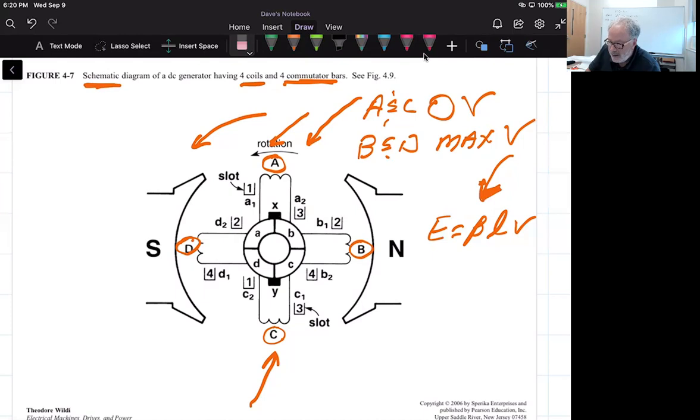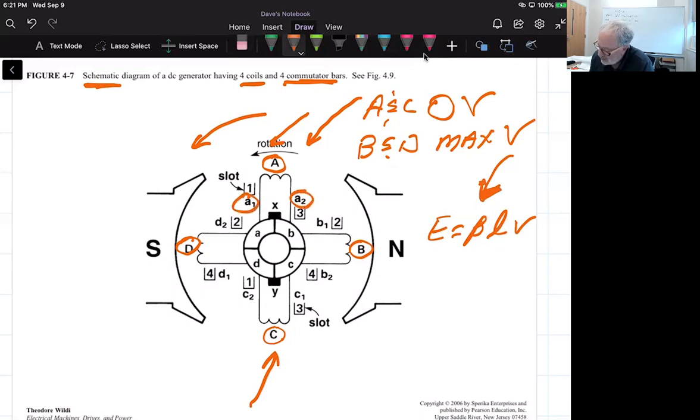One side is laid into a slot. It runs the length of the armature, goes down, terminates out the other side. So these 2 sides are actually 180 degrees apart from each other. So this would be one side of coil A, and this would be the other side of coil A.